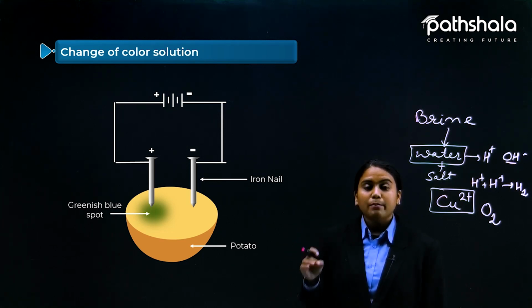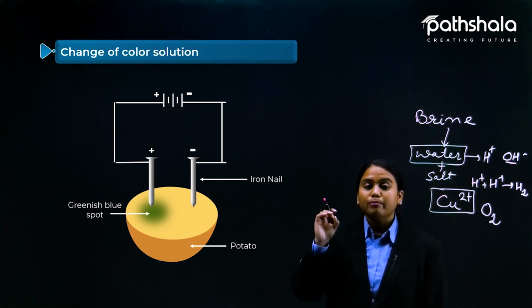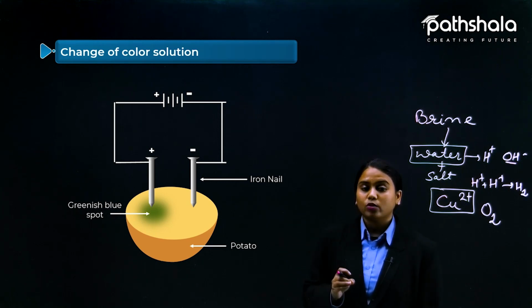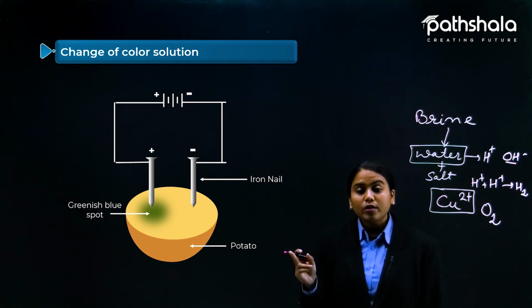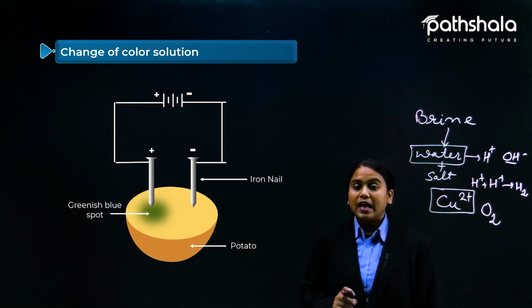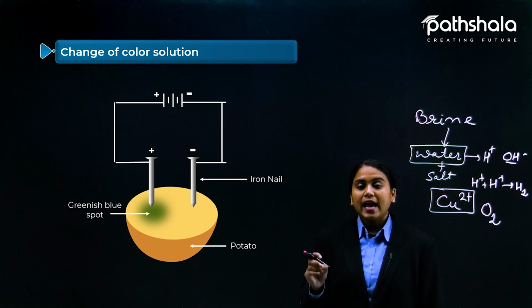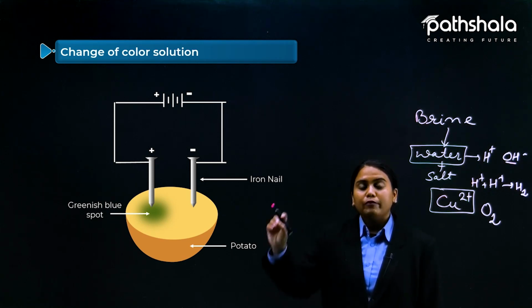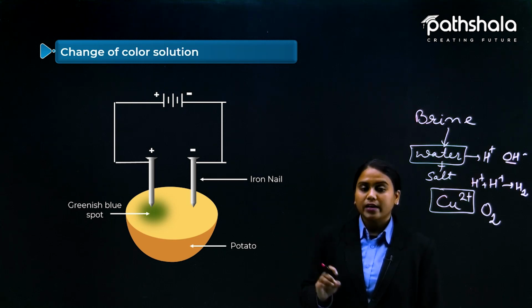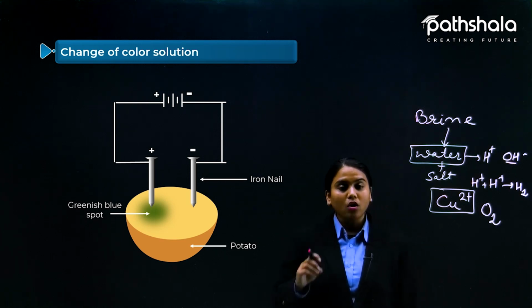Because the chemical reaction is going on here, it turns the color of the potato. Color changes only when there is a chemical reaction. So we can say that here also we have connectivity and the circuit is complete. That is why electricity is flowing.